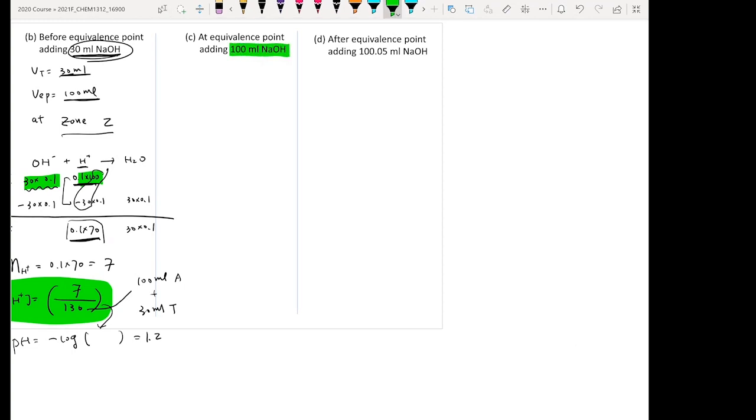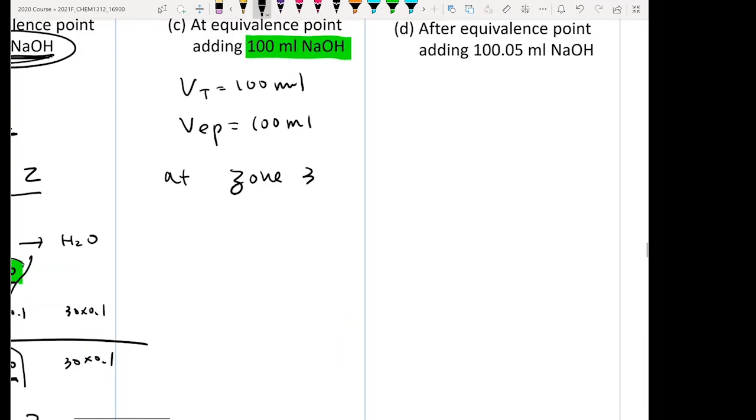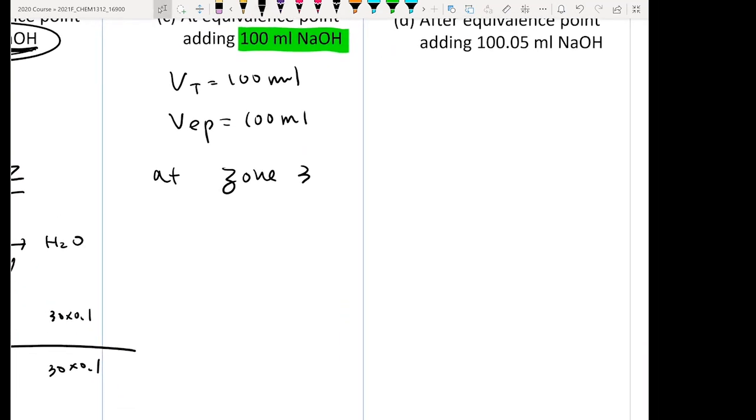Let's look at part C. You add in 100 ml of sodium hydroxide, so now your V titration is 100 ml. And you also know your VEP is 100 ml, right? So you know you're at zone 3. At zone 3, that means you have the same amount of acid and the same amount of base.